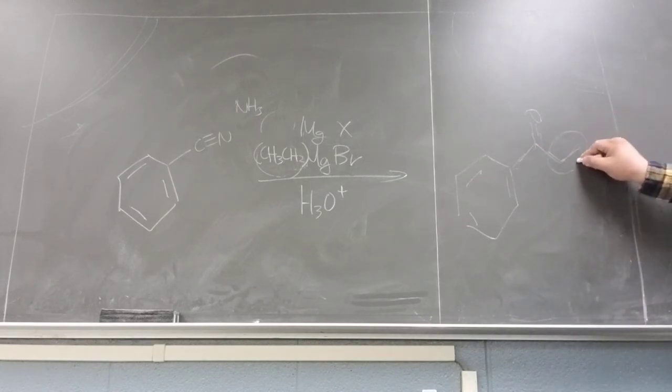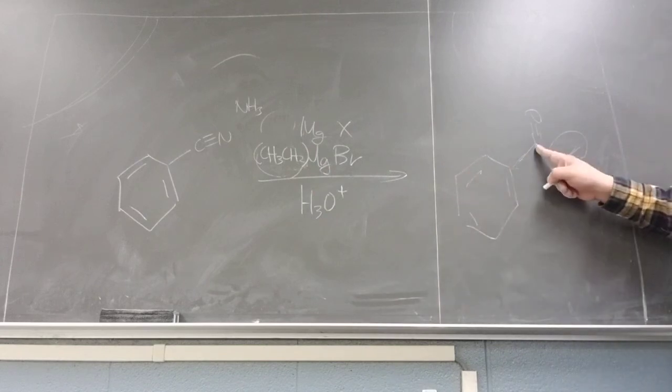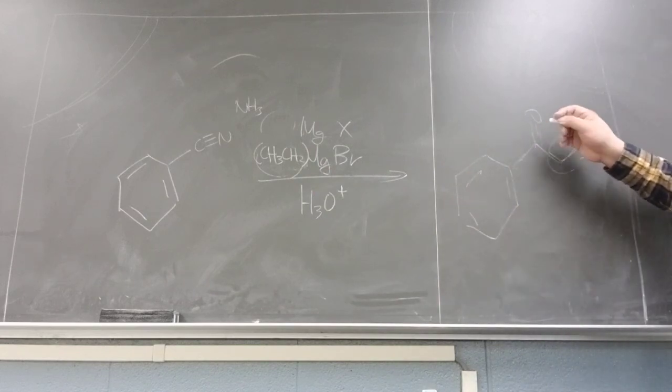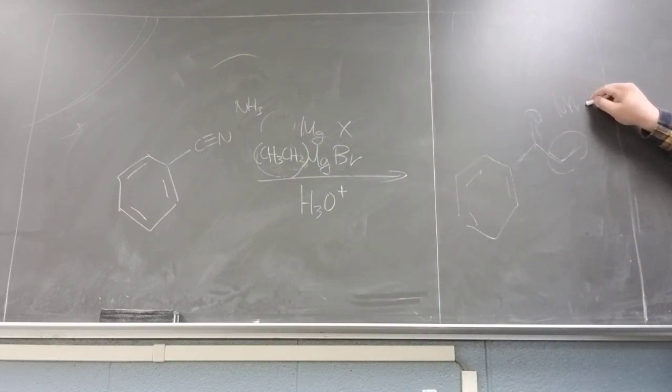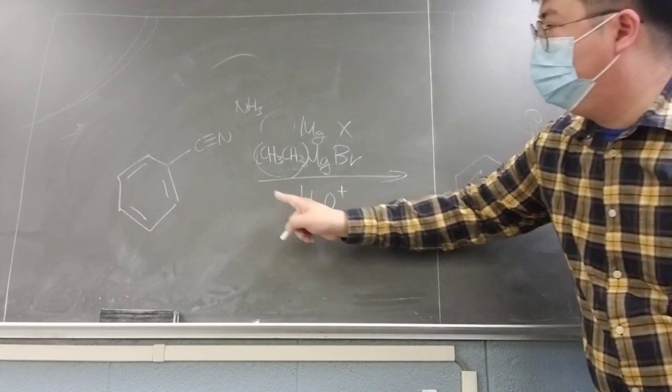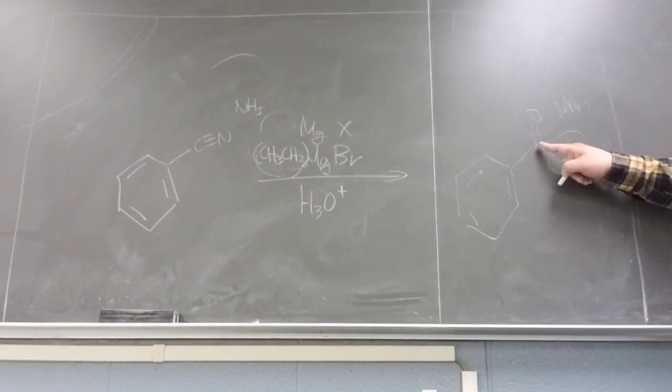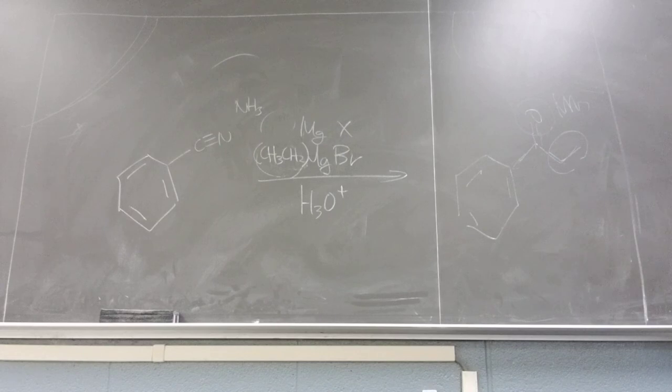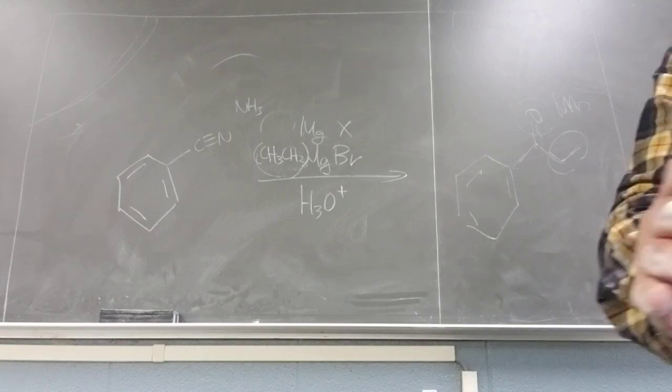So we have the ethyl group here. Add it on this carbon, and then you just have ammonia as the leaving group, and the oxygen will be on that carbon, so it'll be a ketone. Okay, that's the trick.